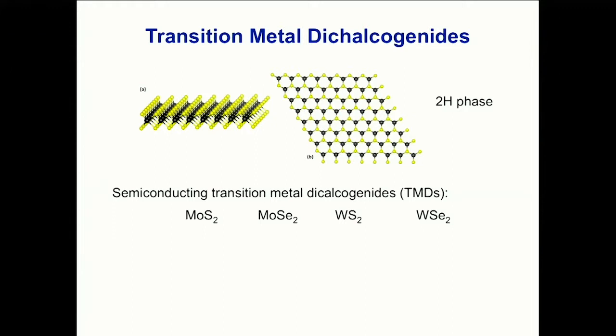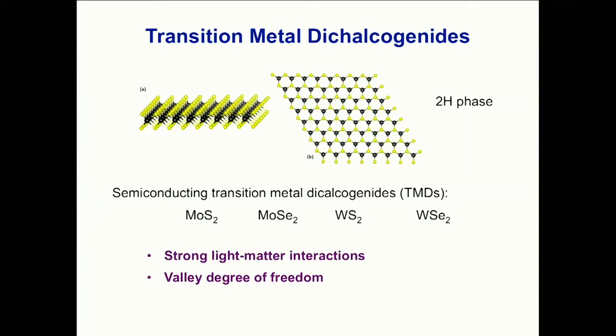From the top view, it actually looks somewhat like graphene, except the A and B sublattice atoms are now different. Once you break the AB sublattice symmetry, you create a large gap. There are four main semiconducting transition metal dichalcogenides: MoS2, MoSe2, WS2, and WSe2.